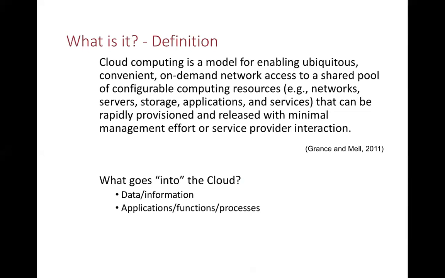So the cloud is a computing model for enabling convenient on-demand network access to a shared pool of configurable computing resources. It's pretty much an army of computers that host information for all types of organizations. What goes into the cloud is data, information, applications, functions, and processes.